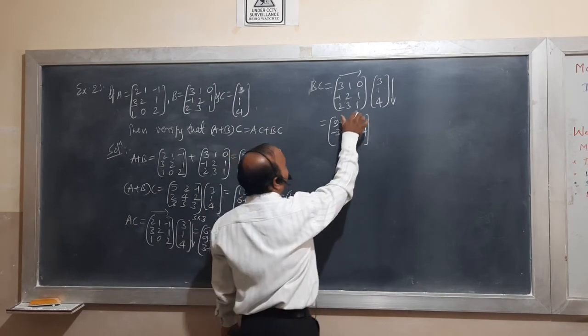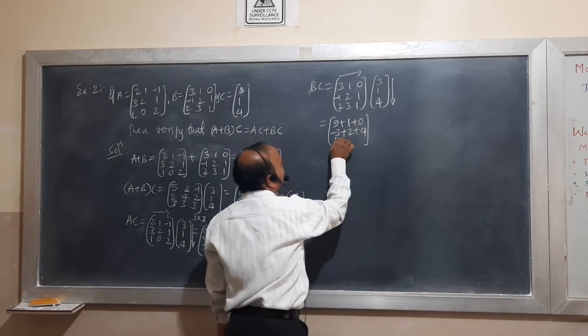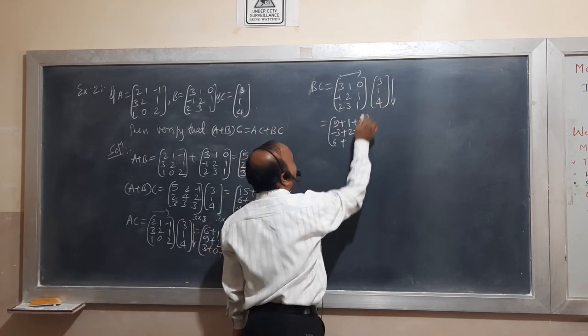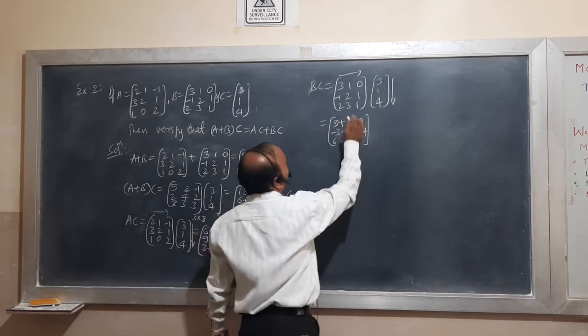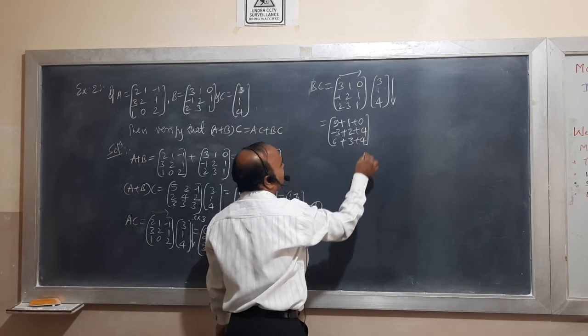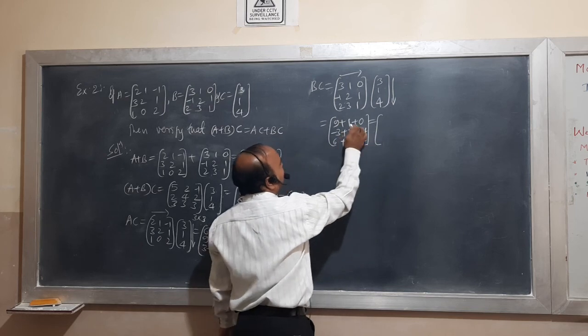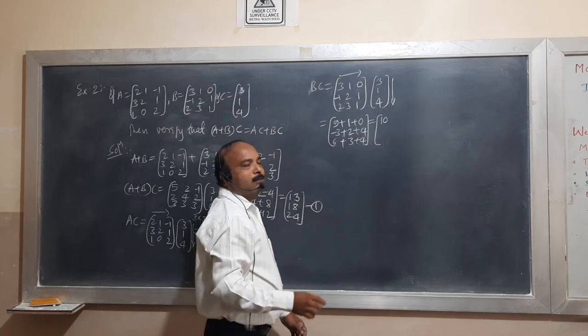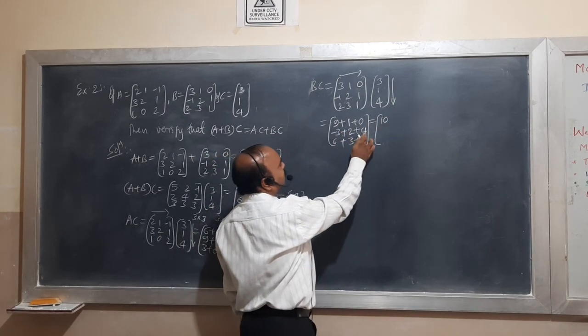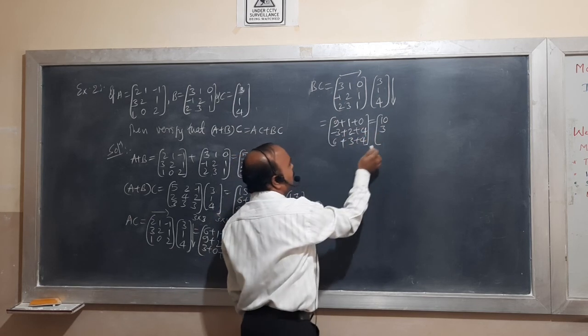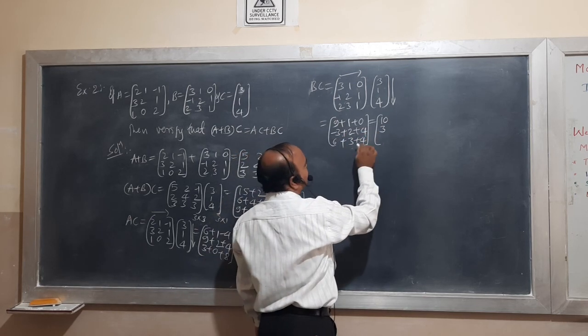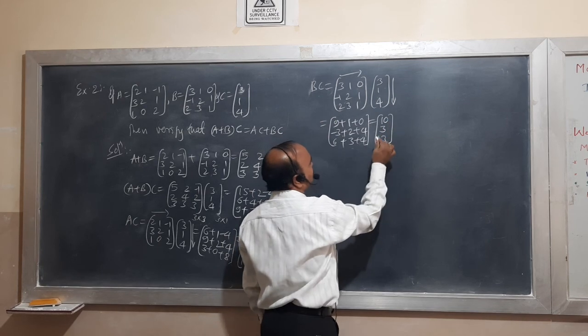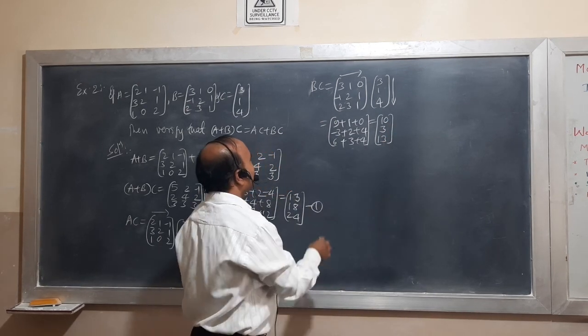Next, with third row in this column, 2 into 3 is 6, plus 3 into 1 is 3, plus 1 into 4 is 4. We get 9 plus 1 is 10, and 2 plus 4 is 6, 6 minus 3 is 3, 6 plus 3 is 9, 9 plus 4 is 13. Now it is BC matrix.